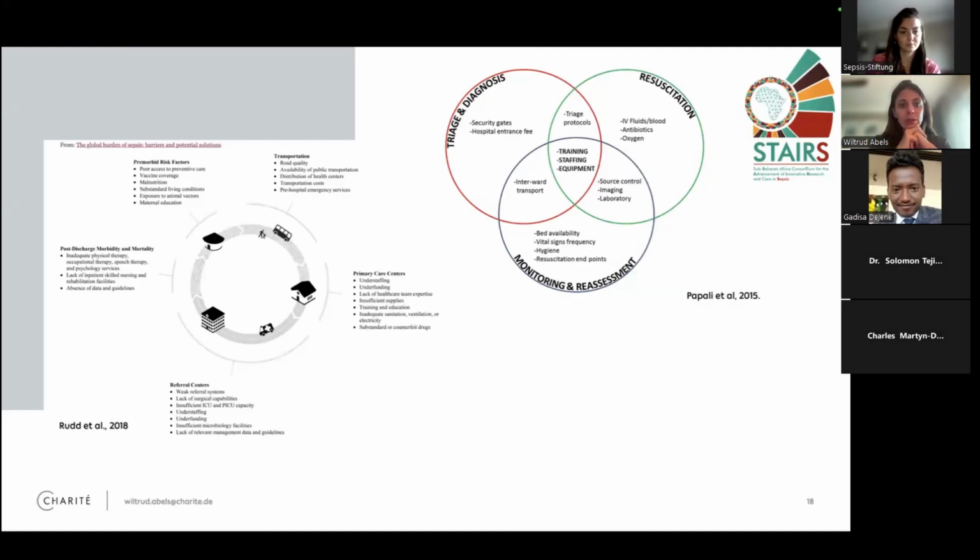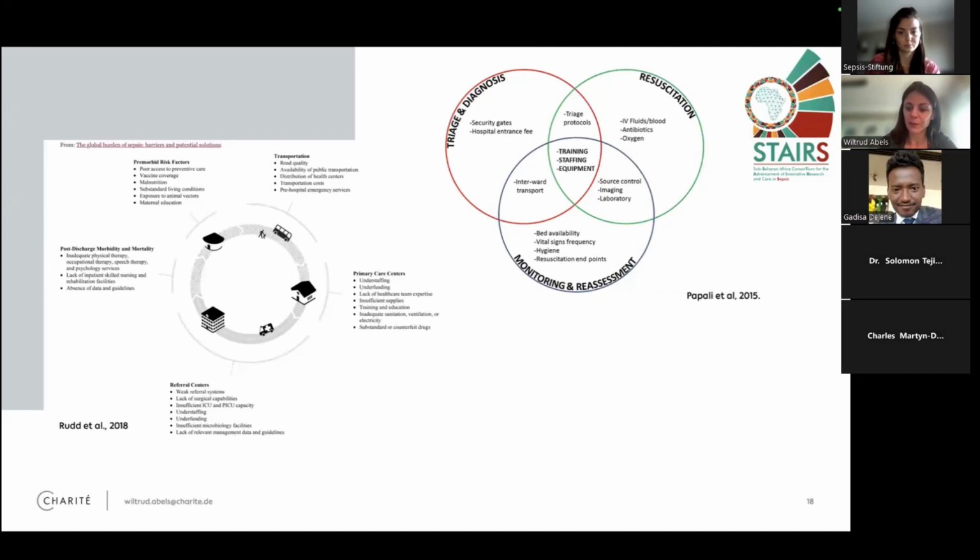And there has also been, a little bit earlier even, but also in close connection with this way of thinking about the patient pathway in sepsis, a 3 delay model that has been published that highlights certain typical delays in, for example, triage and diagnosis for sepsis patients in the early management, so in the first phase of management of sepsis, which needs to happen quickly because sepsis is a time-critical disease.